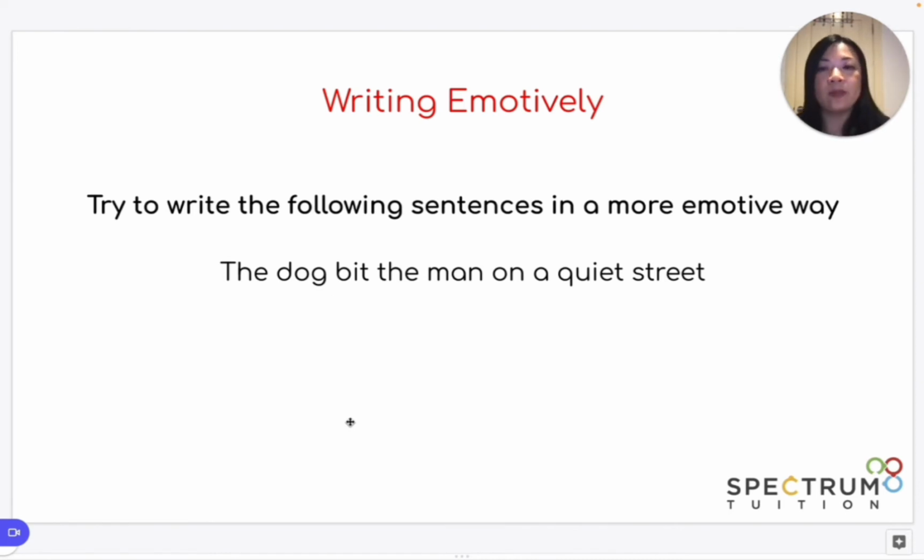Because just say you finish writing your essay early in the exam, right? Or even in your planning time, you can think about which side you're going to be arguing for and what emotive words you can include throughout your essay.